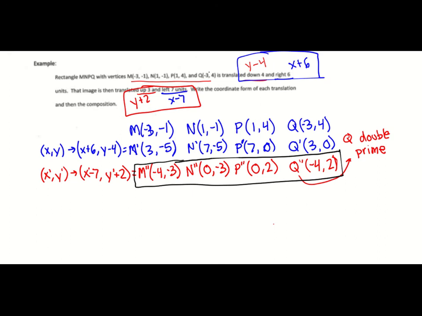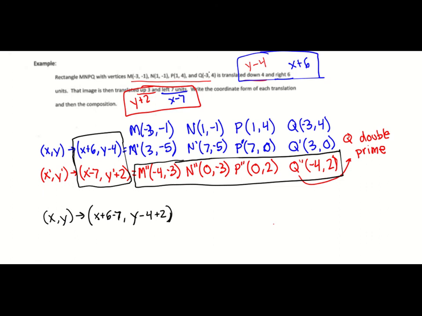Now, this asks you to show each step, but you could combine those two transformations and just do it once. So if we were to do that, combine these transformations right here. Our transformation would be taking x and y, and you have x plus 6 and minus 7, x plus 6 minus 7, and y minus 4 plus 2.